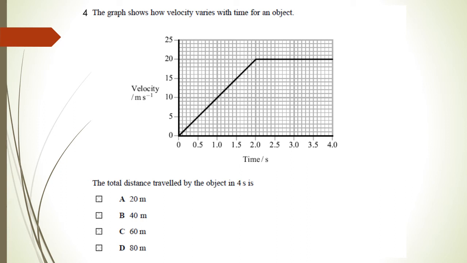So 20 plus 40 is 60. So the answer will be C, 60 meter. So in the exam paper, you have to tick a cross on the box given. Okay, so it's an MCQ. It's a simple question. Okay, so we can move to the next question.